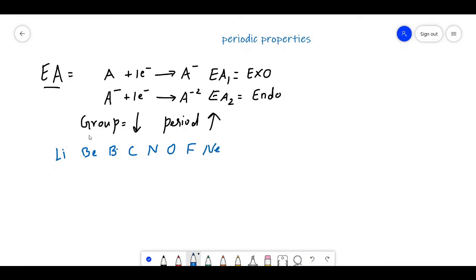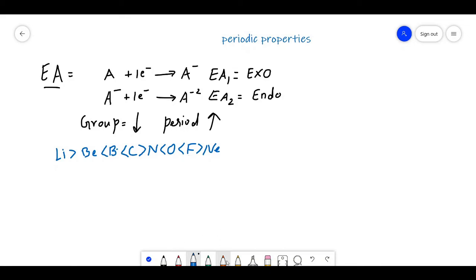So actually, electron affinity in a period should increase. But the observed order is: electron affinity of lithium is more than beryllium, and this is okay. Boron is more than beryllium, and carbon is more than boron. And again, nitrogen will have less electron affinity than carbon, and then oxygen follows the same trend, and fluorine is the same trend, whereas neon will have less electron affinity than fluorine.